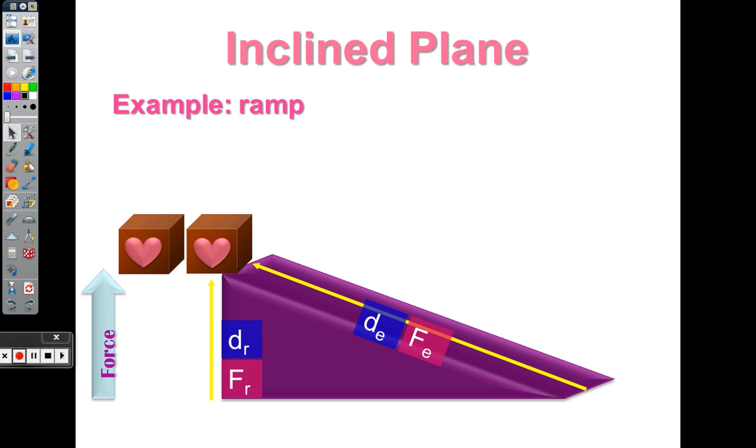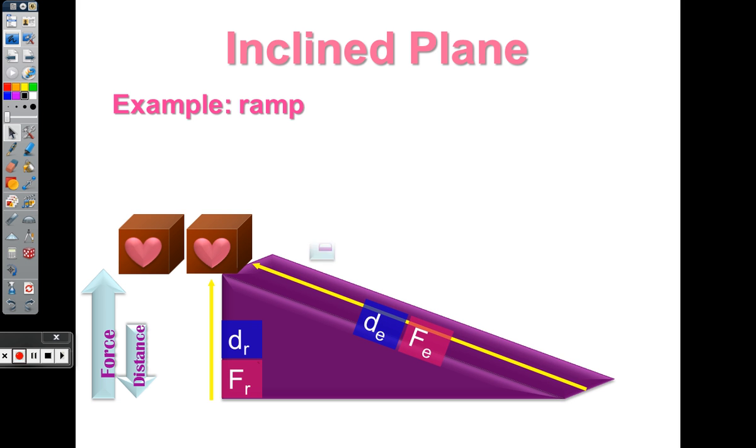Picking it up, yeah. Because you're working against gravity. Straight down, straight up. So going straight up has a big force, a short distance, right? Whereas going up the ramp has what type of force and what type of distance?